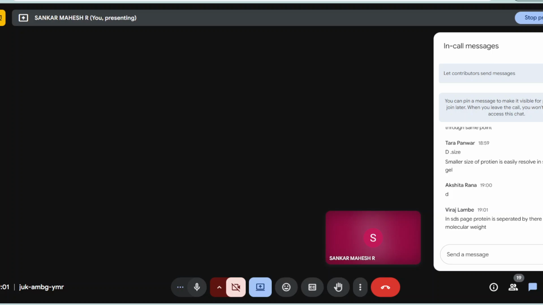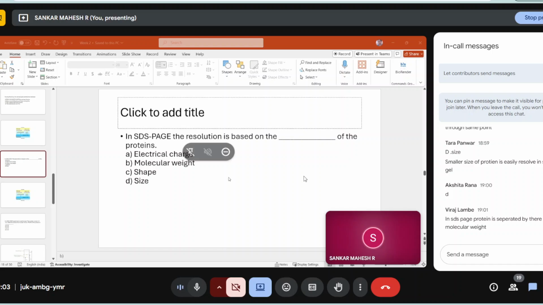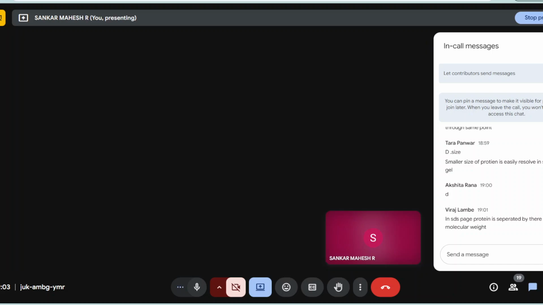But the size again depends on the molecular weight specifically. There is no shape associated with it. There is no electrical charge associated with it. Both of it is now normalized. So that is what I had asked, what you mean by size here. Molecular weight represents the size of the protein. So it's rather molecular weight and not the size. I hope this was clear.